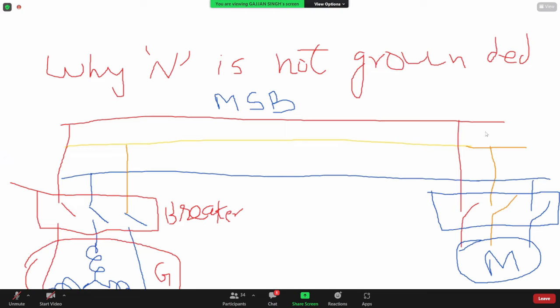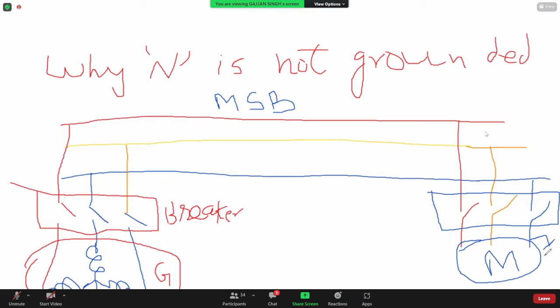Now suppose the neutral had been grounded on ship. I'm talking about ship. If there was some earth fault, let us say the blue phase is touching the metal steel body.